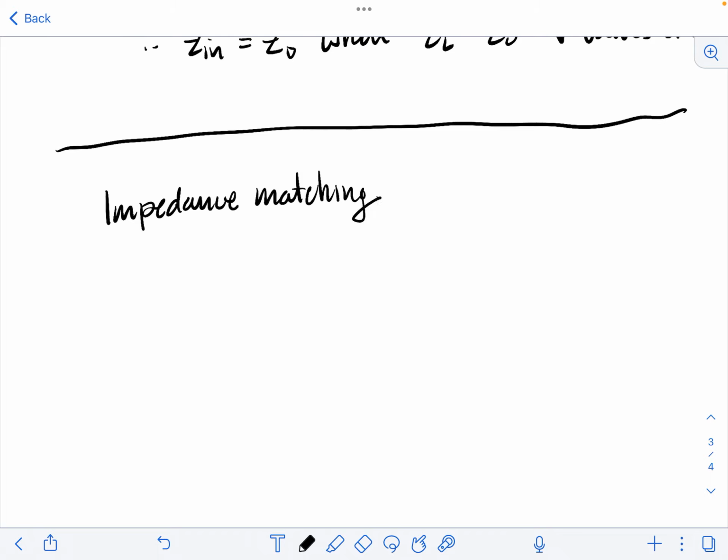So I want to think about a circuit that consists of a function generator, and so maybe this is some input voltage from your function generator, and then all function generators have some kind of output impedance. And so let's say that we'll just think of this as a resistor, and we'll call it RG.